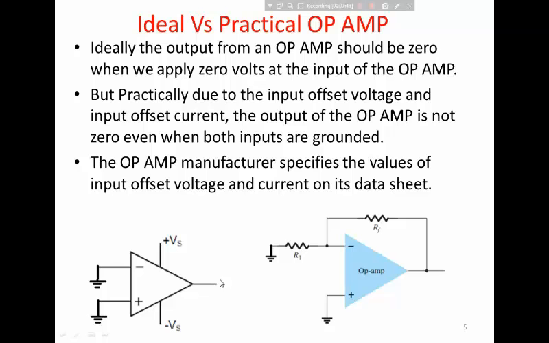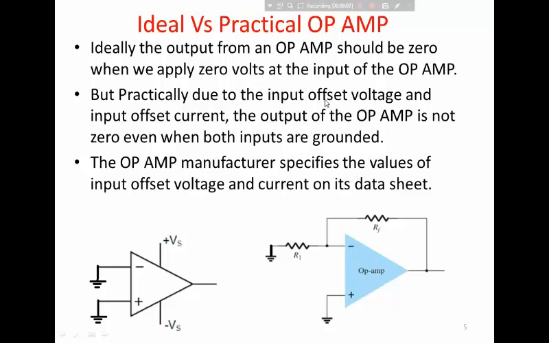That output would not be 0. Ideally it would be 0, but practically it would not be, due to these offset parameters of the op-amp that are not 0 as per the ideal case.